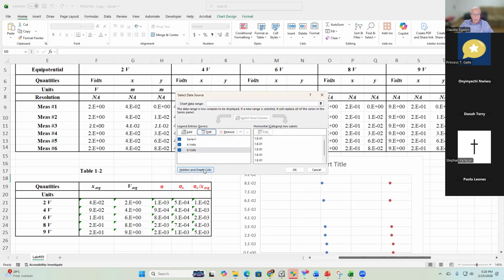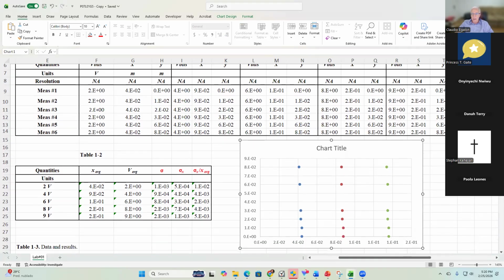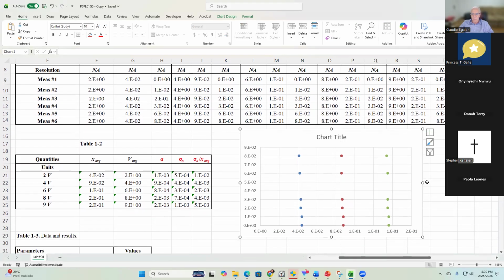Click OK, and click OK again to see your masterpiece, right? Here you go. We are in the process of creating a masterpiece, 2, 4, 6 volts. You're not done yet. Note that this group of students didn't follow my instructions.